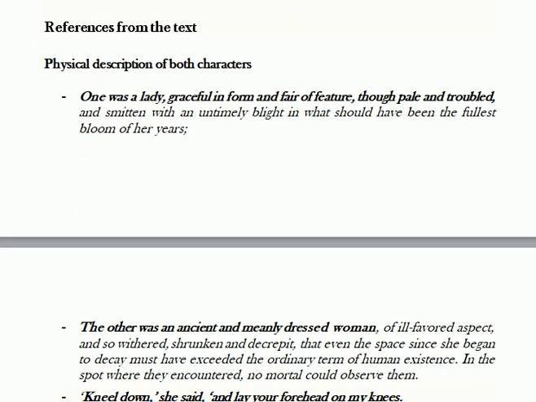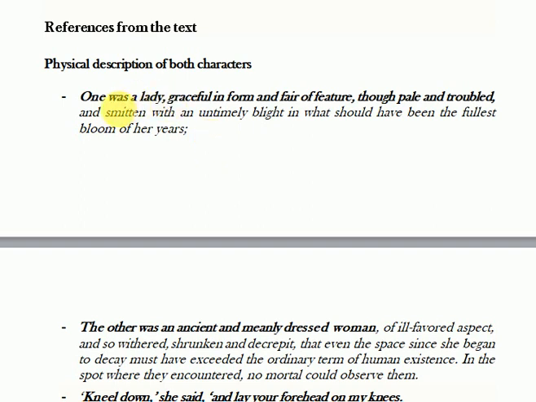Here there are a few references that I have taken directly from the text and quoted over here, and they include the physical description of both characters. You may find the physical description of both characters in the beginning of the story, and it is very important for you to see the physical description and directly quote it whenever you write about those characters.